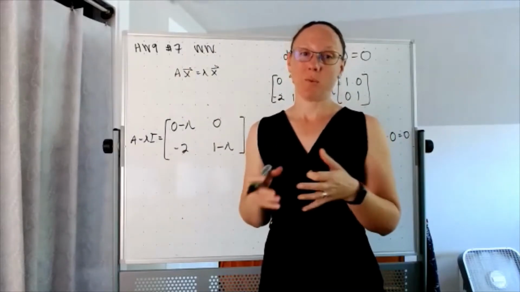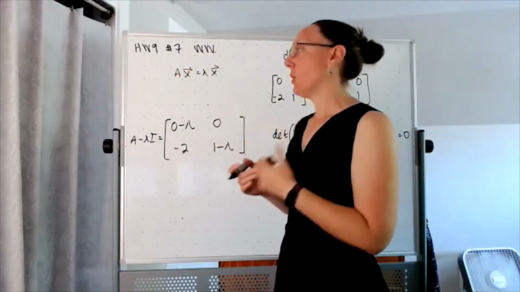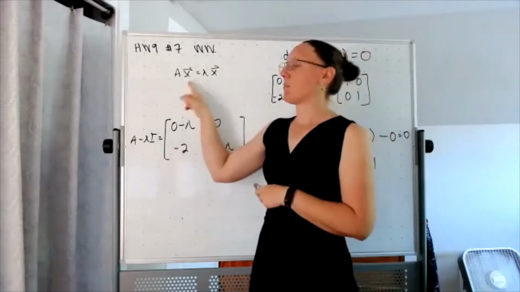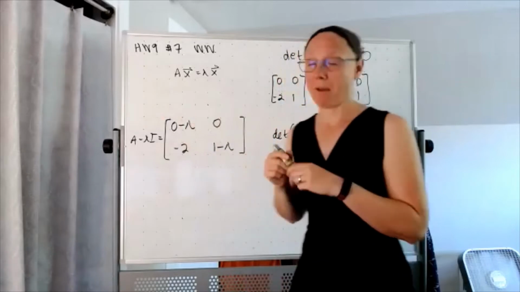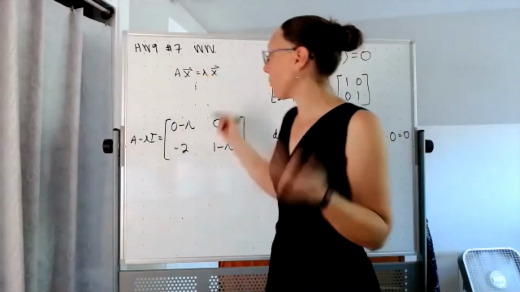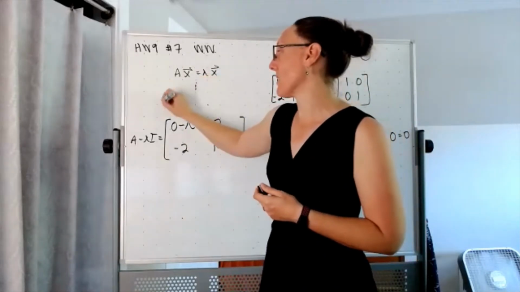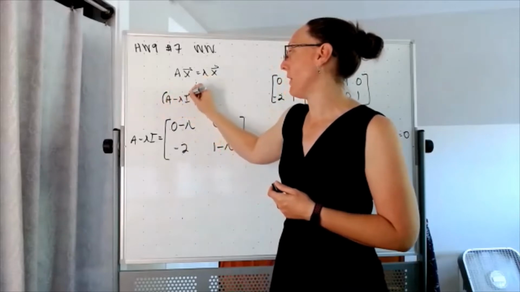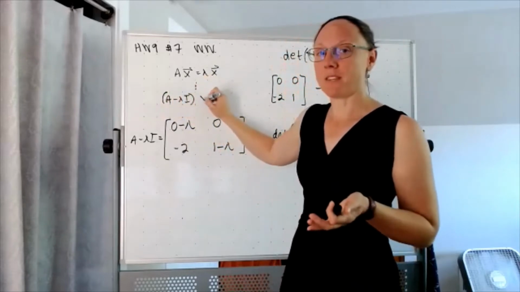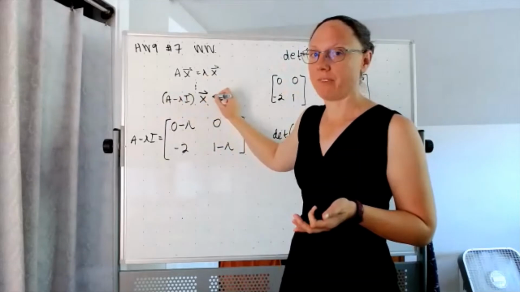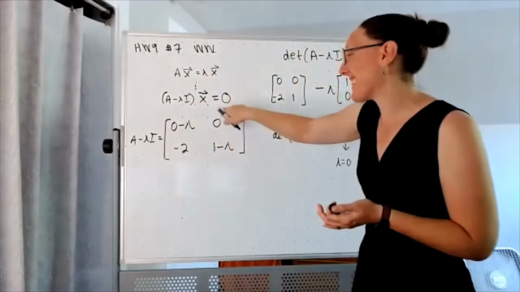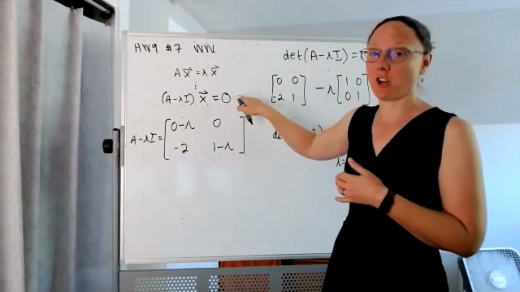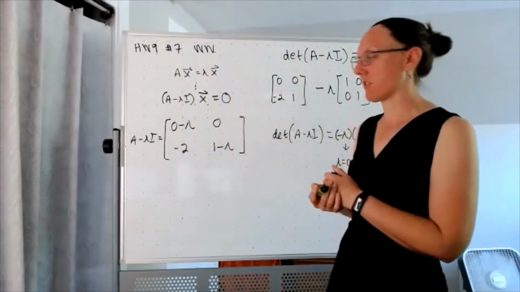So I'm just going to stick with the way that it was presented in class, which means we'd subtract the lambda times X over, we'd factor the X out, we'd do some algebra steps. And really what we're trying to solve is this A minus lambda I matrix times some generic eigenvector needs to be equal to 0. And this is going to be our starting point for solving for the eigenvectors.